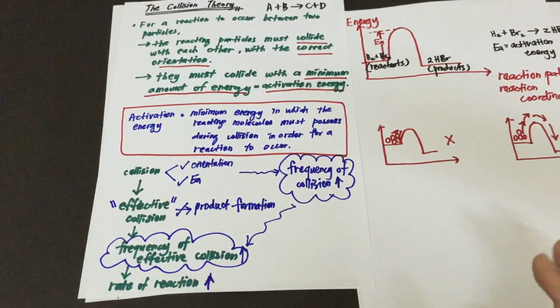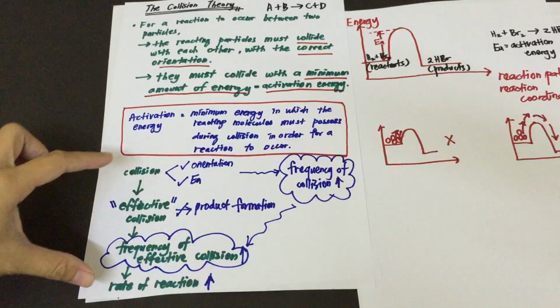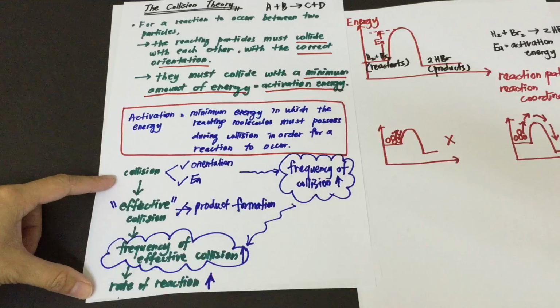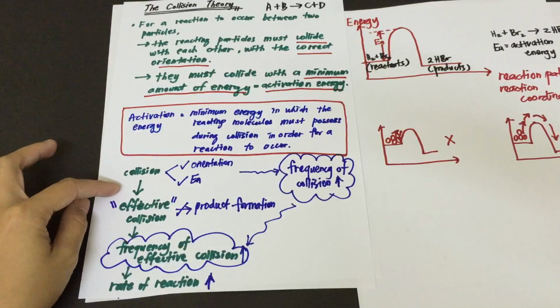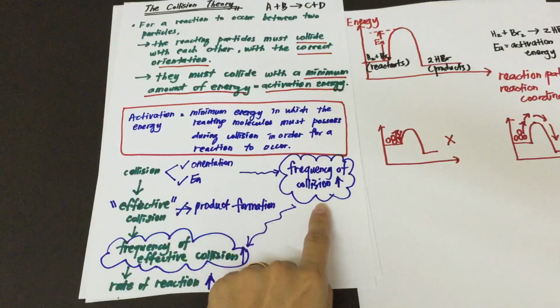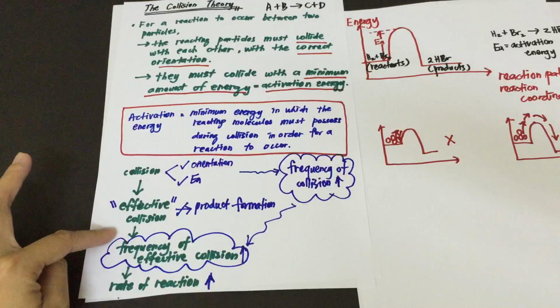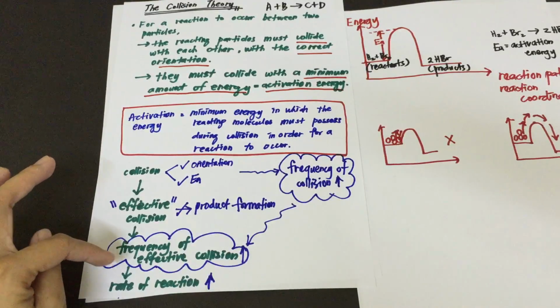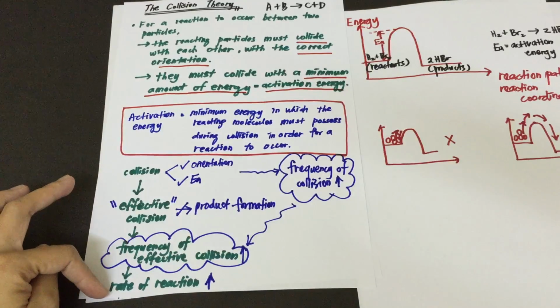When we talk about any of these factors, the keywords for the collision theory will always be the same. An increase in collision due to the factor will increase the frequency of collision, and that will then increase the frequency of effective collision, and after that, the rate of reaction will be increased.